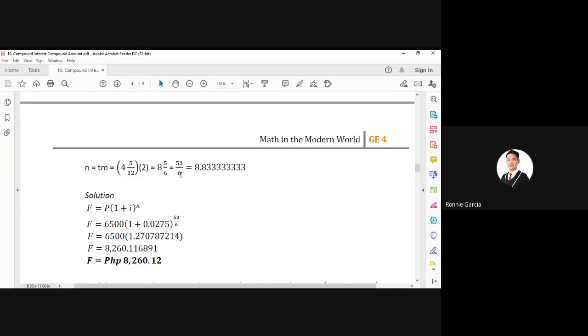So pwede na ko siya mong 53 over 6. Kabalo na ba ta mo transform og mga fraction o multiply og fraction, di ba? Kay kaning 4 and 5 over 12, pwede man mo siya i-change into improper, 12 times 4 plus 5 then over 12 then times 2. Or bisag kung kakabalo kaayo mo solve og fraction, if you have the calculator, pwede man nimo gamitan o calculator, you can get this answer. So kung ang gamiton ako diri is 53 over 6, then I will exactly have kani nga number.